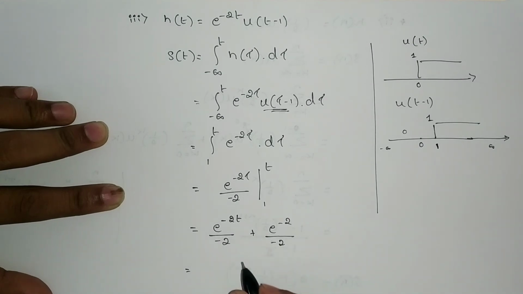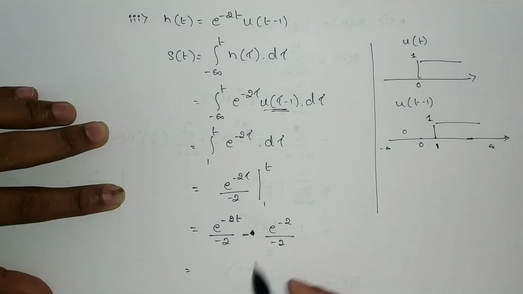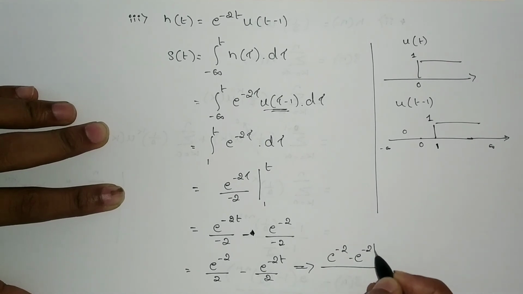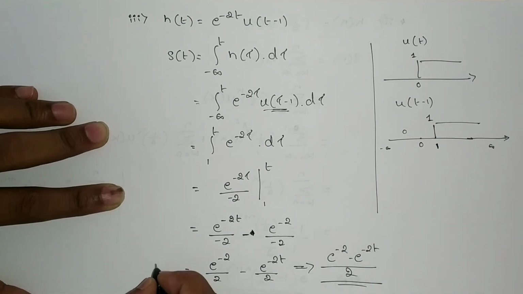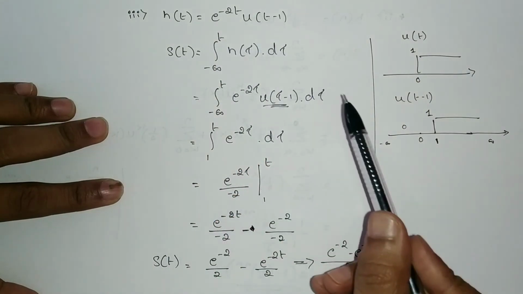After rearranging the terms, upper limit minus the lower limit, minus into minus will be plus, e power minus 2 divided by 2 minus e power minus 2t divided by 2. Taking LCM, since the denominators are same, we can add the numerators: e power minus 2 minus e power minus 2t divided by 2 is the step response s of t for the given impulse response h of t is equal to e power minus 2t into u of t minus 1.